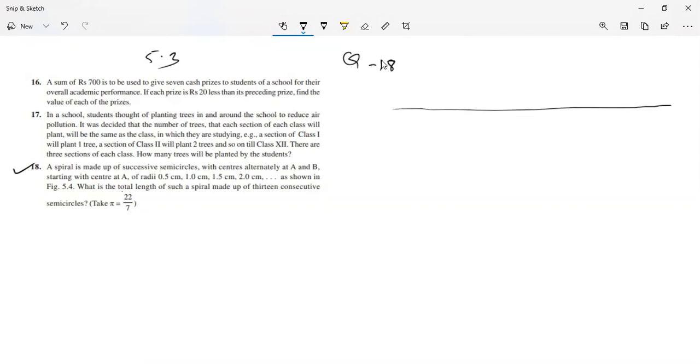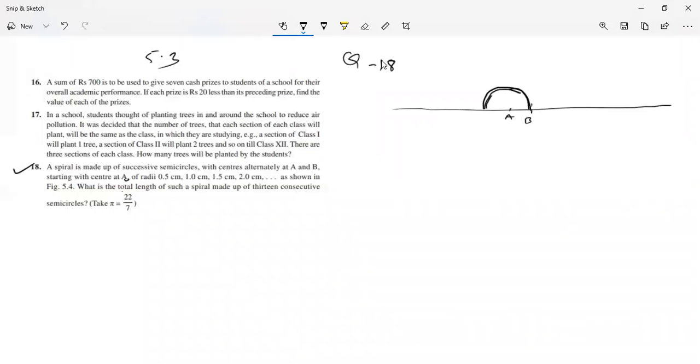So first you will take radius AB, made up of successive semicircles with centers alternately at A and B, starting with center A of radius 0.5. So from A center, first draw a semicircle of radius 0.5 like this.